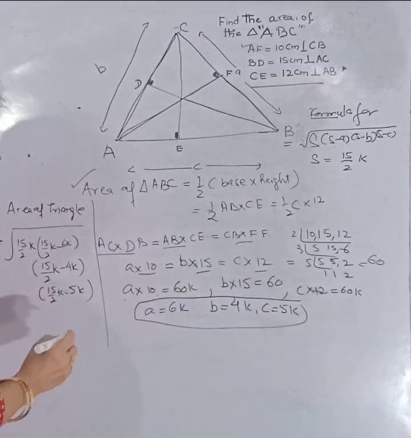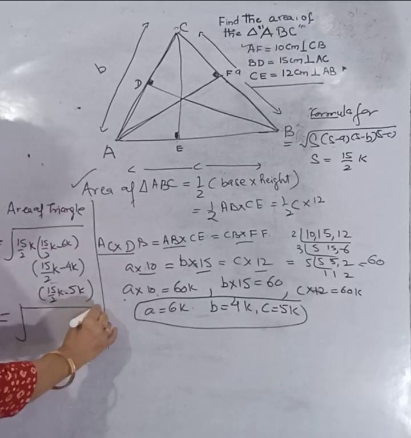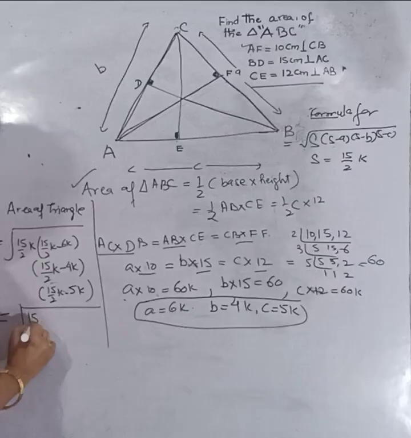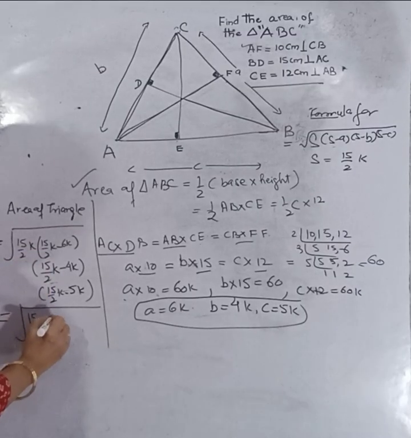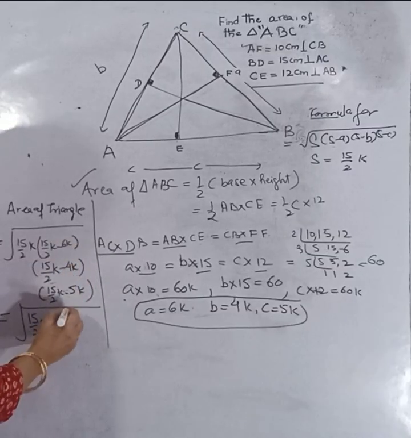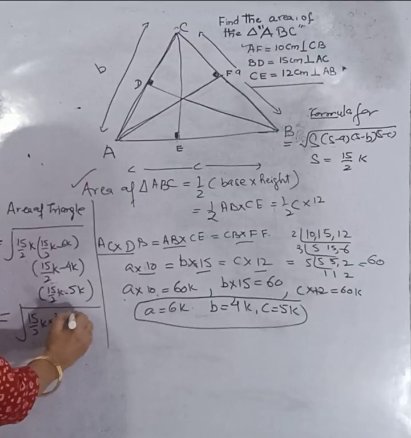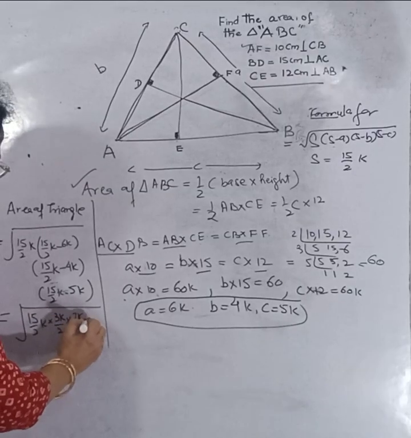In this way, the area is the root of 15 times k by 2 into 3 times k by 2 into 7 times k by 2 into 5 times k by 2.